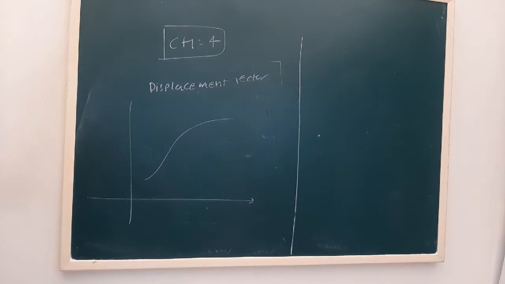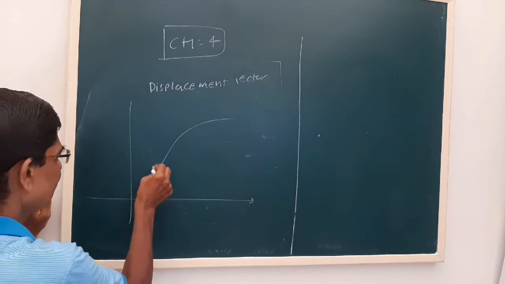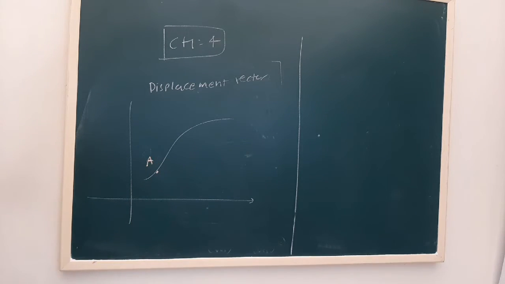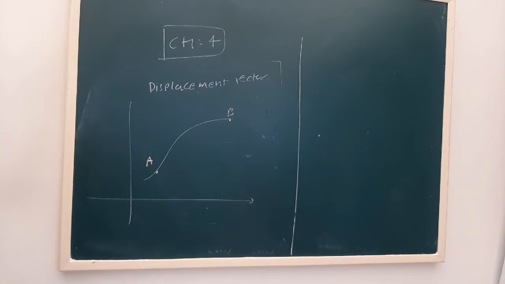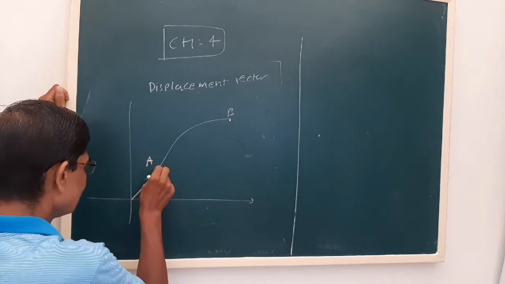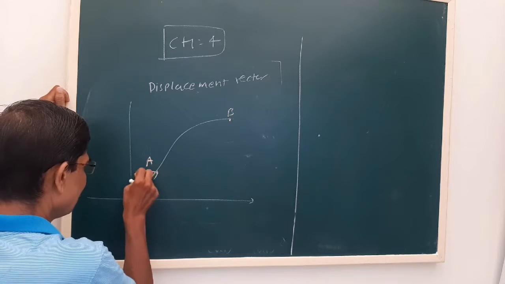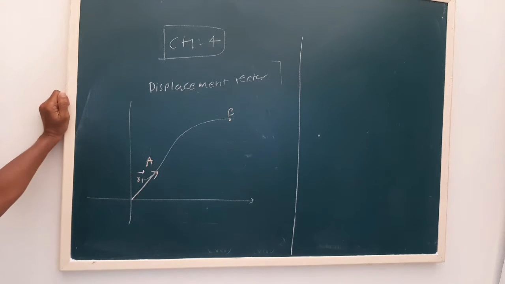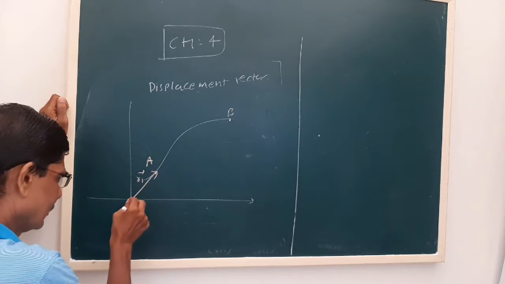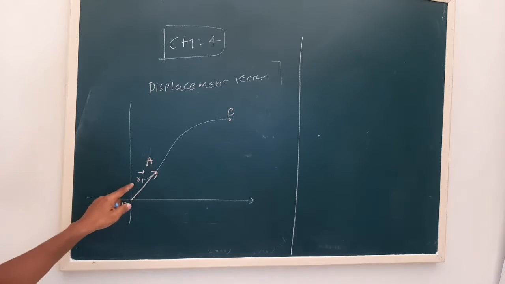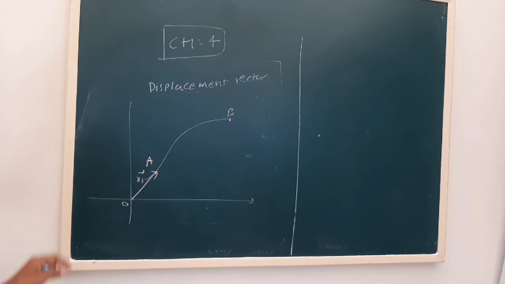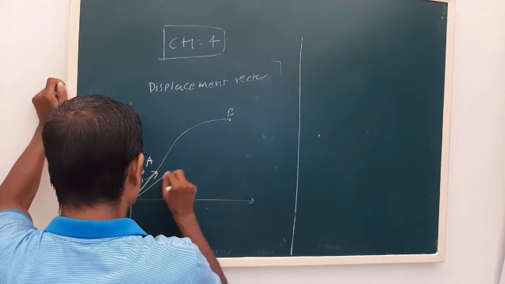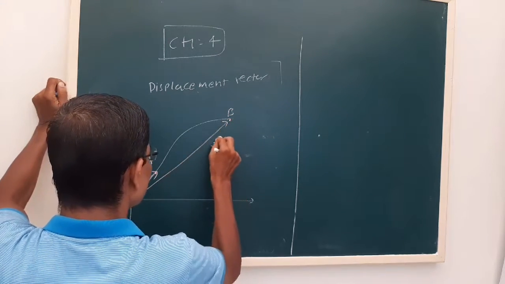Let us say the particle moves like this. Its initial position is this and the final position is this. The position vector of the initial position with respect to the origin is R1, and B is the final position, that is vector R2.